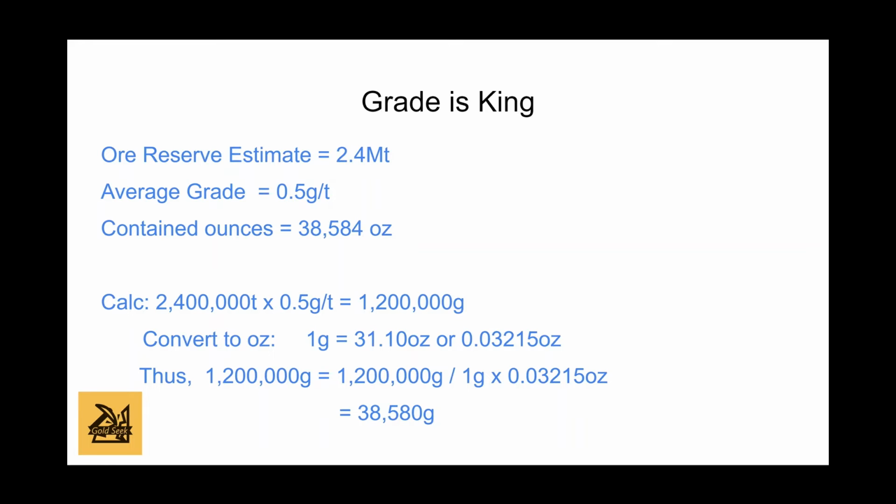Note, ounces here in this case refers to troy ounces. 1.2 million grams converted into ounces is the equivalent of 38,580. Take some time, try your hands out on that, and that will help you in finding out how many ounces an ore body contains for a particular mineral mentioned.